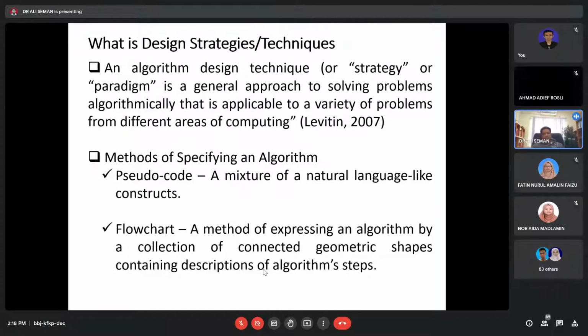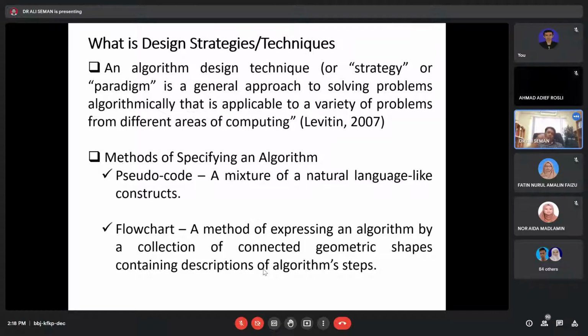And the second way is to specify the algorithm with a flowchart. What is a flowchart? A method of expressing an algorithm by a collection of connected geometric shapes containing descriptions of the algorithm steps. Starting with the start, the circle, and finally ending with the end of the process.